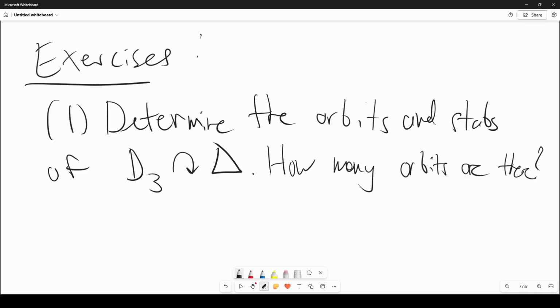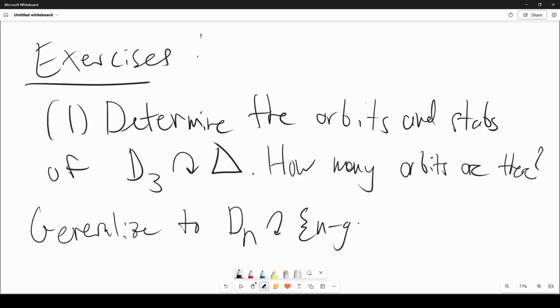If I have one orbit and another, if they're disjoint in any way, then they're different. If they're not disjoint, then they're the same. Then try to generalize to D sub n acting on the n-gon. Okay.